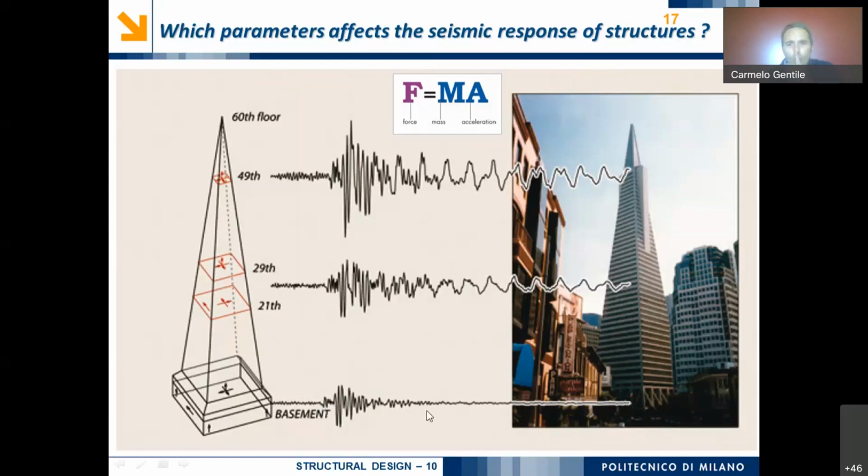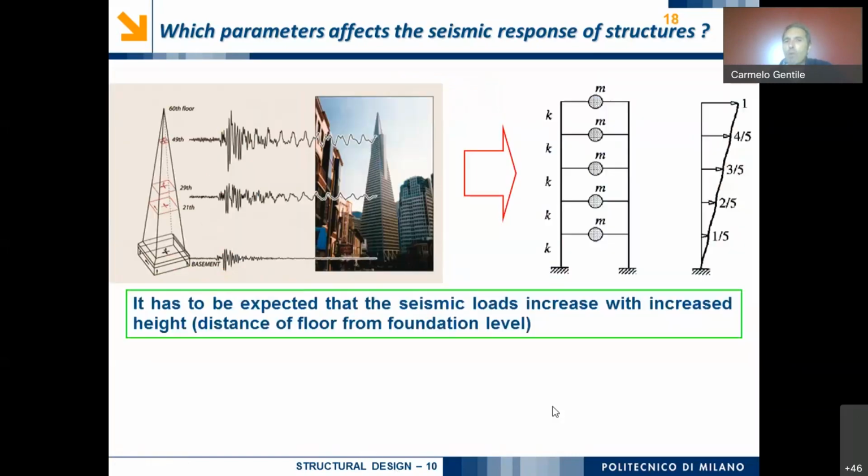But we know that if we are looking at the response of our building, the response at the upper floors in terms of acceleration will be much higher than a_g. And so we have to expect something like this, an increasing distribution of forces, passing from the lower level to the upper level.